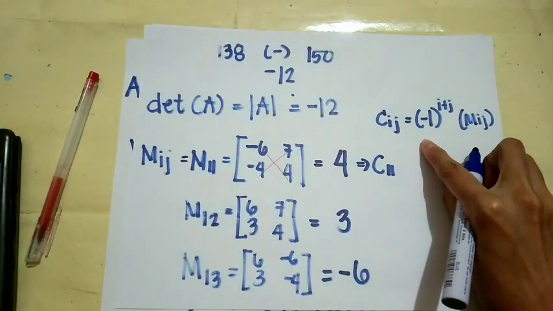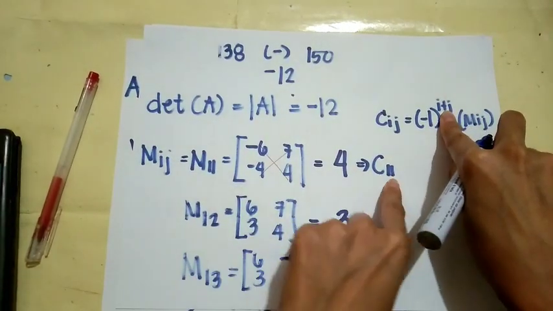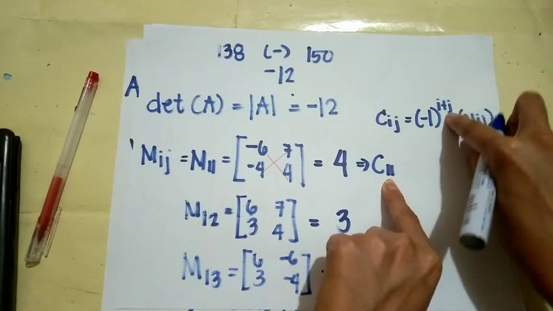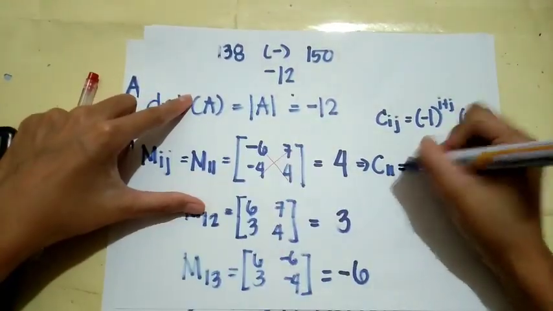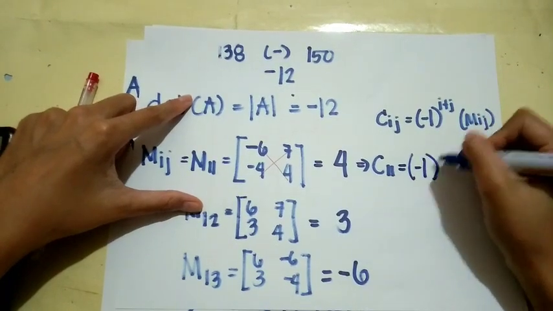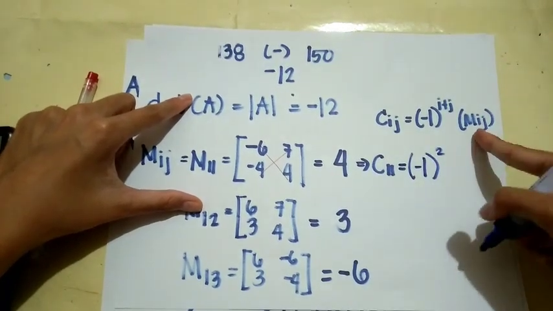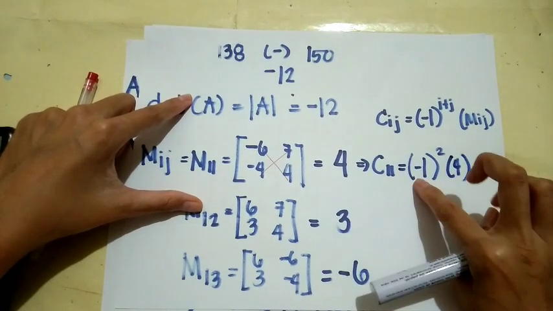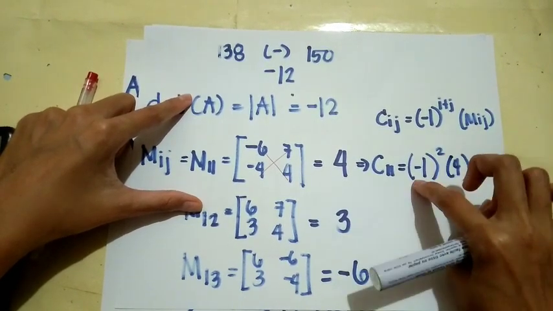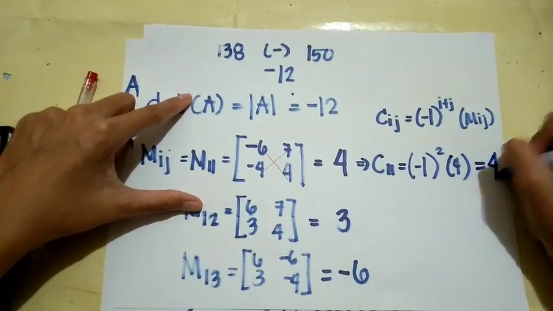So here we have negative 1, then i plus j, for C11 that is 1 plus 1, which is 2. So negative 1 raised to 2 is 1, times our minor 4, still 4.